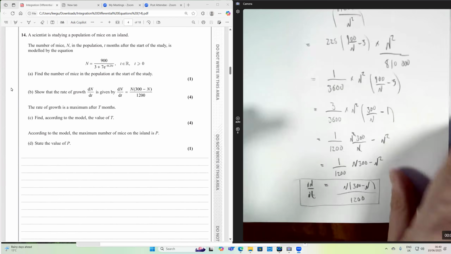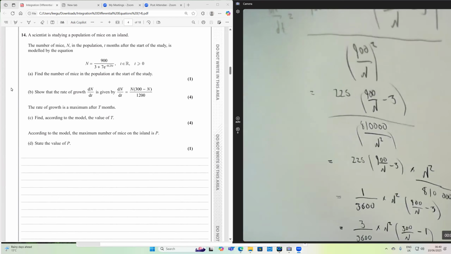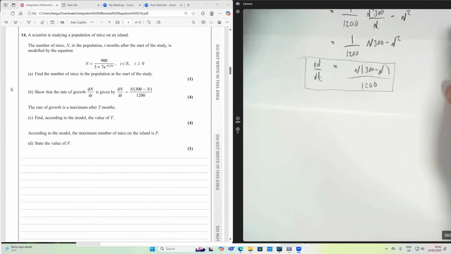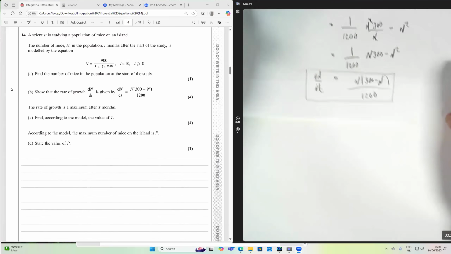Now, this bit I always think students in my experience find this next bit of the question quite confusing. It says, find the rate of growth is a maximum after t months, okay? And it says, find, according to the model, the value of t. Now, let's look at this expression.